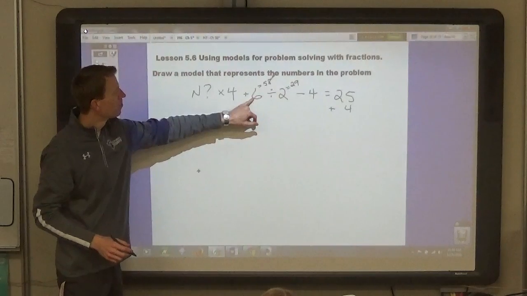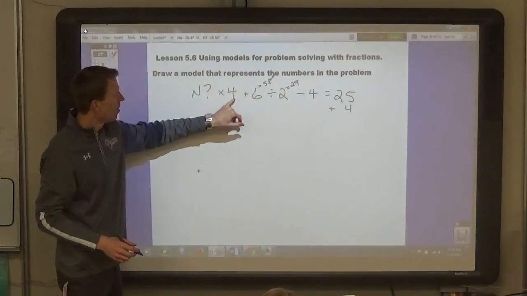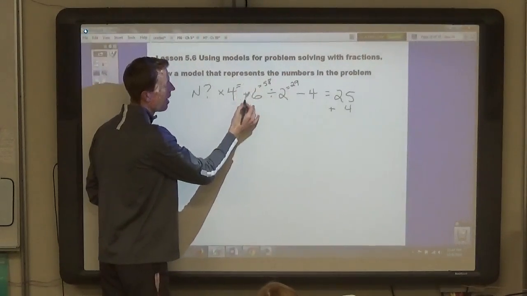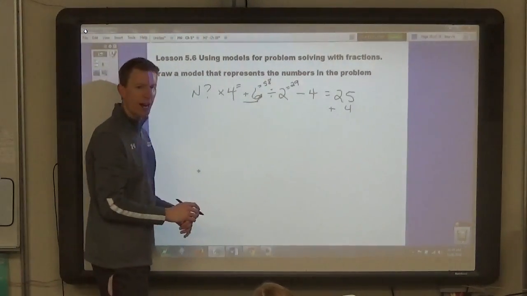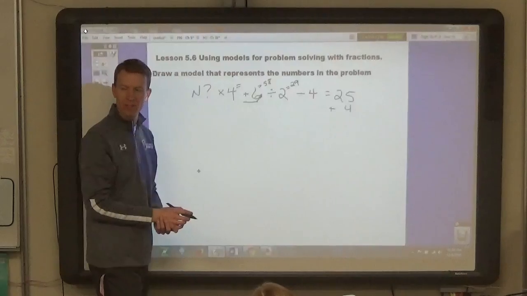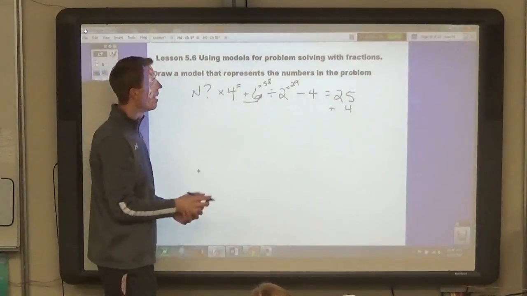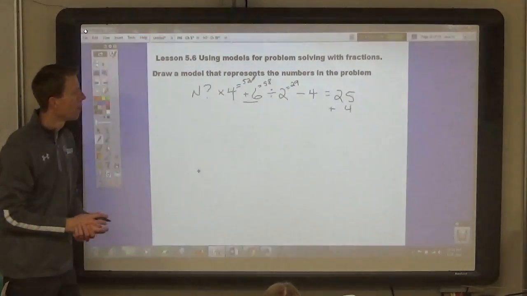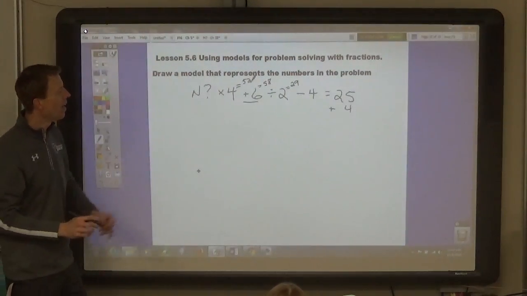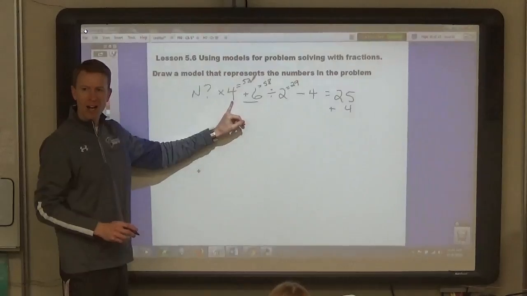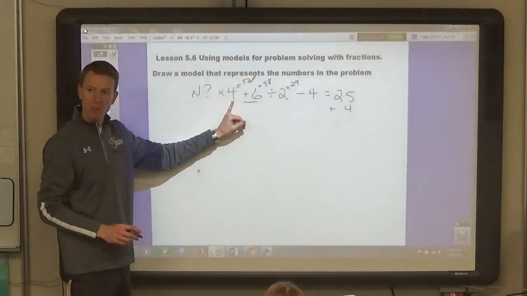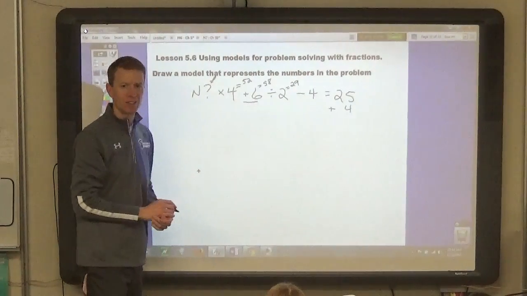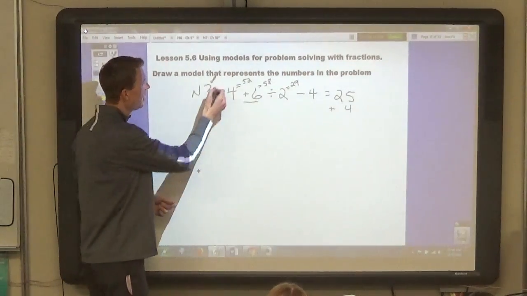And then subtract 6. Instead of adding 6, we subtract 6. And this equals 52. And then divide by 4 instead of multiplying by 4. So this equals 13. Okay.